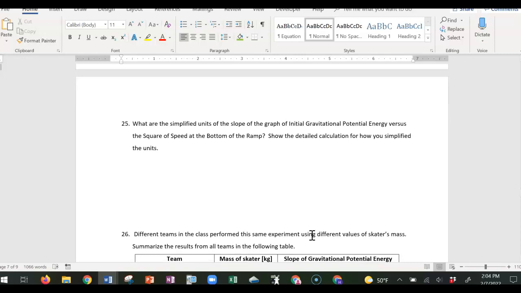Okay, let's simplify these units. So we have joules over meter squared over second squared. A joule is a Newton meter. A Newton is a kilogram multiplied by a meter per second squared.